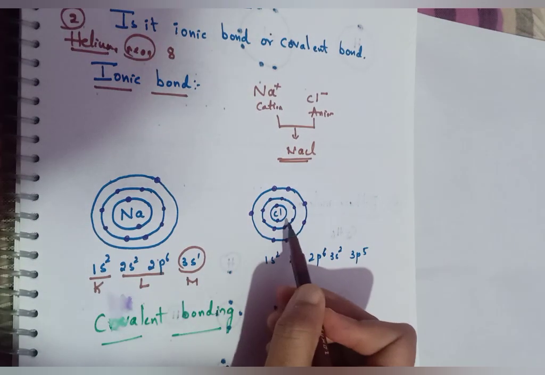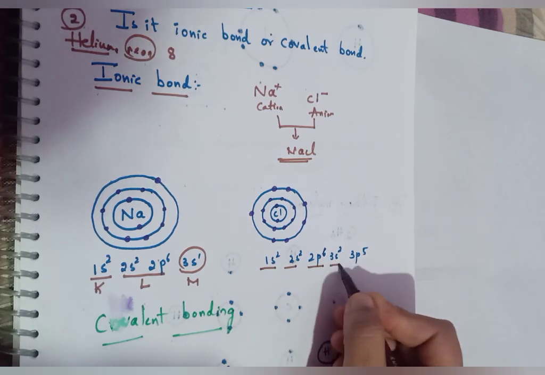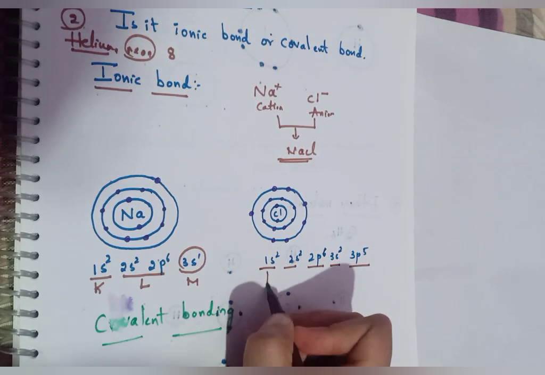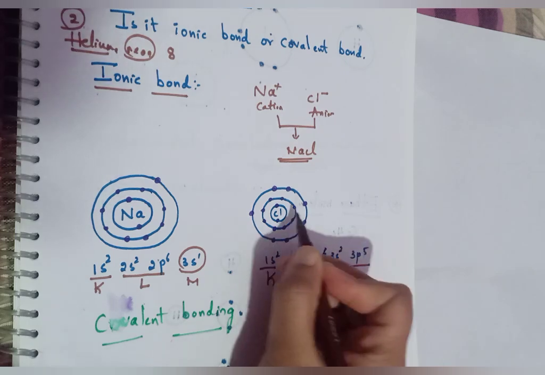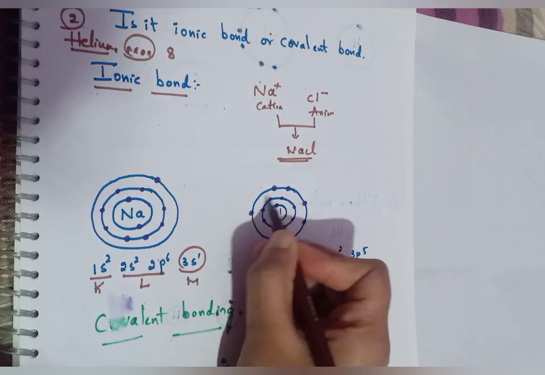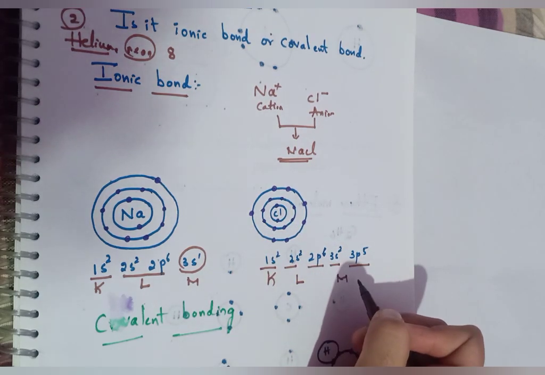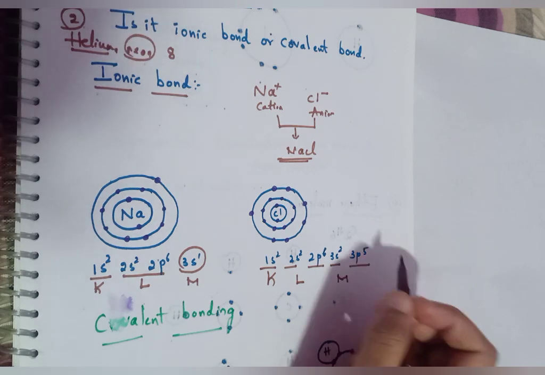So here in the chlorine we can see the electronic configuration is 1s2, 2s2, 2p6, 3s2, 3p5. So in the K shell, that is the first shell, only 2 electrons are possible, and in the second L shell 8 electrons are possible, and in the third M shell you can calculate, 18 electrons can be filled.